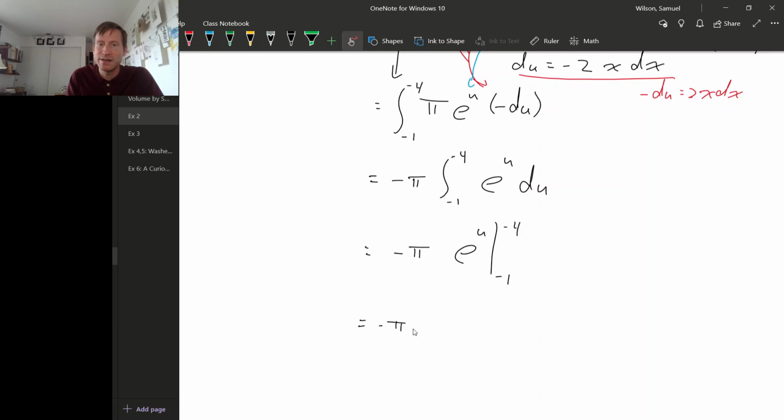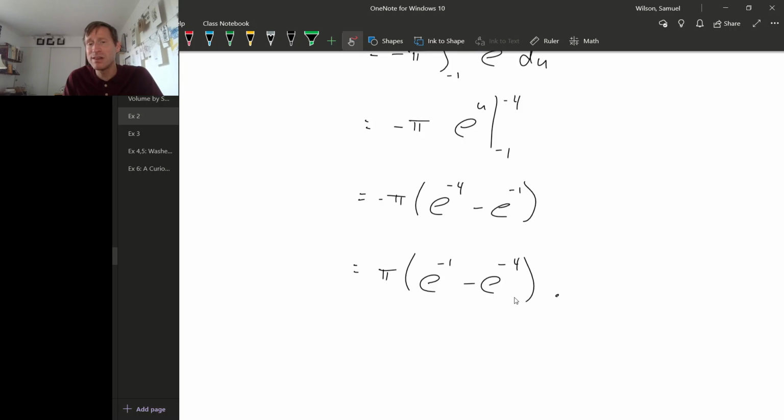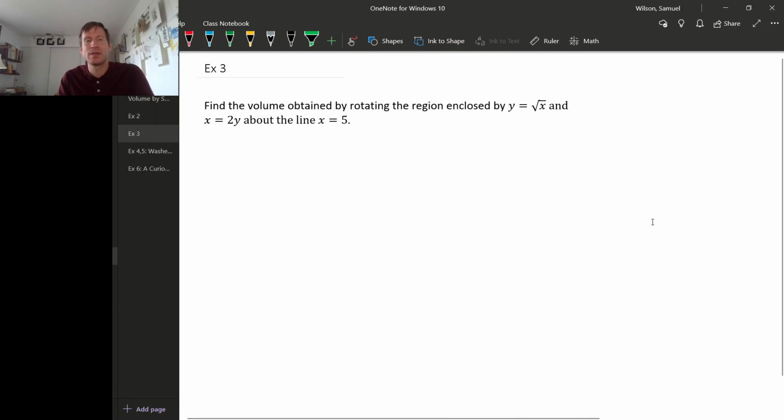So minus pi times, and then plug in our bounds, e to the minus 4 minus e to the minus 1. So this is pi times e to the minus 1 minus e to the minus 4. We could dump this into a calculator to get some decimal approximation, but this answer is just as good. All right, let's look at another example.